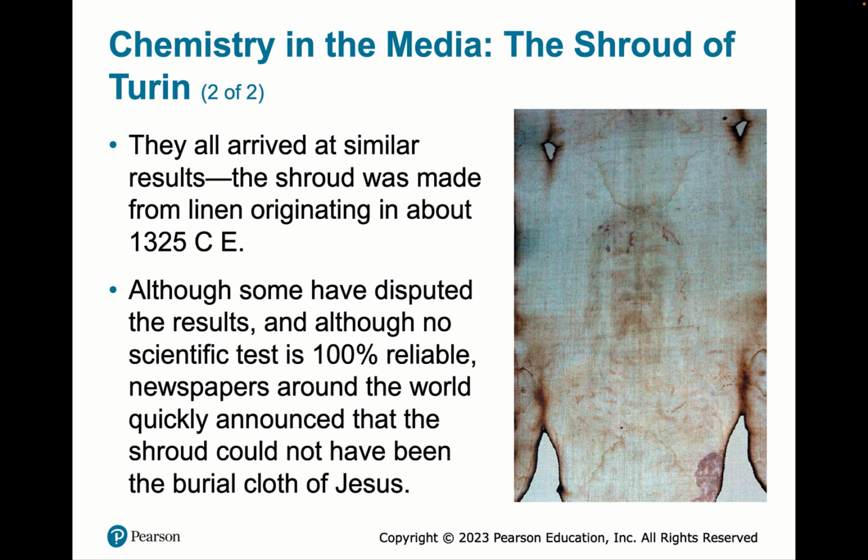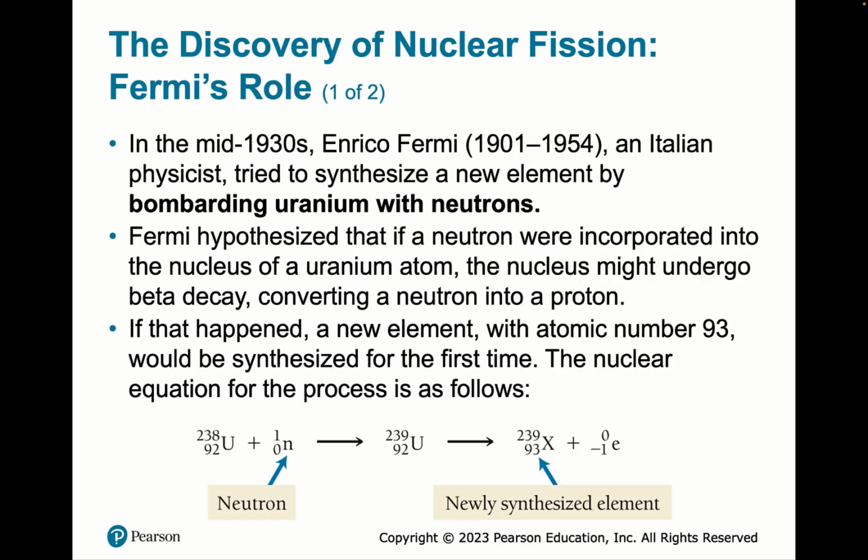It's not 100% reliable, but it's pretty close. It deals with probability, and when you deal with probability of big numbers, when you're dealing with moles of carbon, although I don't think they gave them a mole for this, it was a small amount, but still you're dealing with huge numbers of atoms. It's a pretty reliable test.